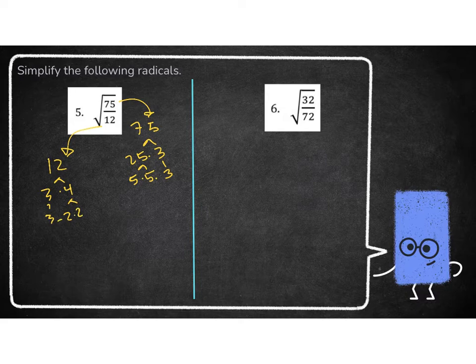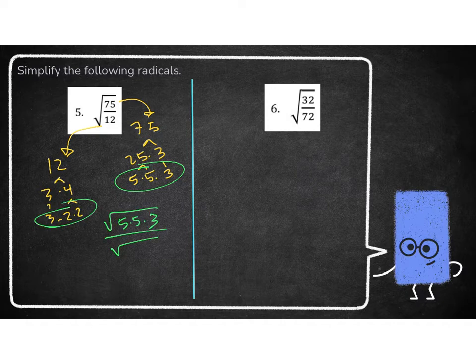So then I end up with, that's on the top, that's on the bottom, square root of 5 times 3 over square root of 2 times 2 times 3. And these square root of 3's cancel out. Square root of 3 over 3 cancels out, so I can get rid of them. This pair of 5 comes out front, this pair of 2's comes out front. I'm left with 5 halves.